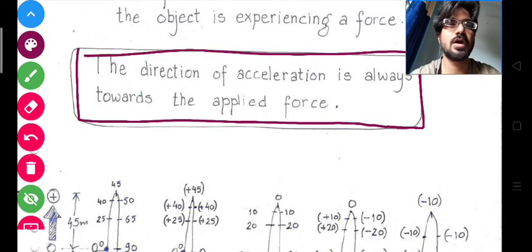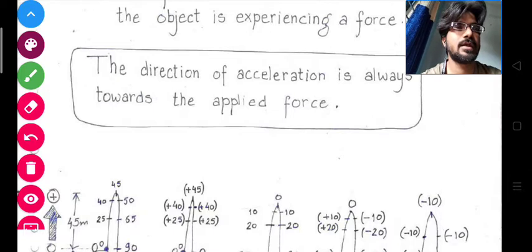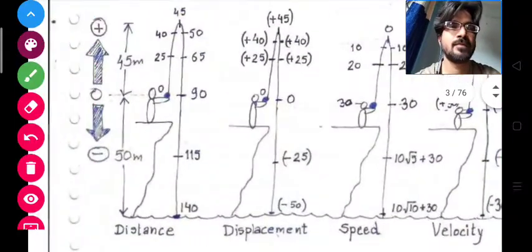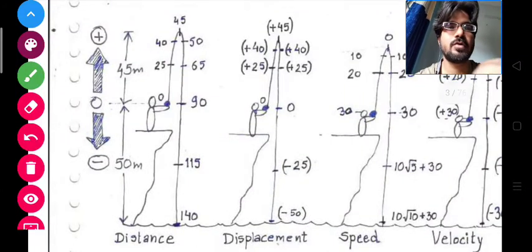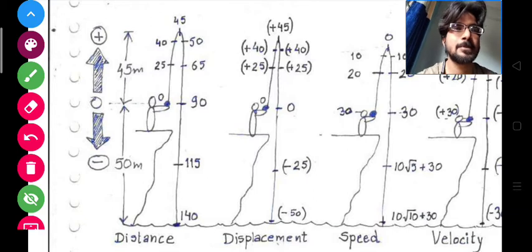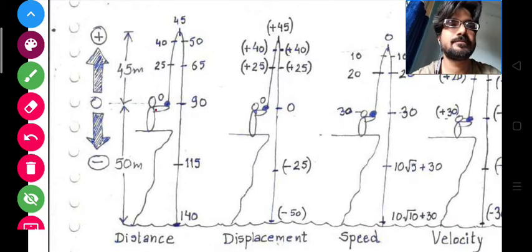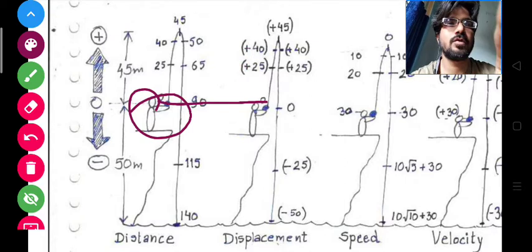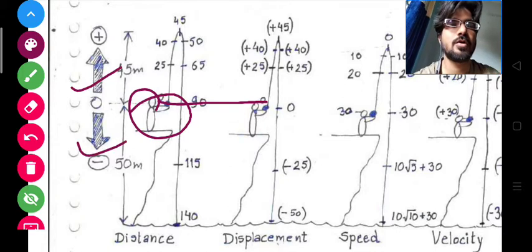Now we will see how to represent this by taking examples of different cases. In the first case, we will talk about distance. Suppose you are standing here, and from your vision axis there are two directions, one upward and one downward.